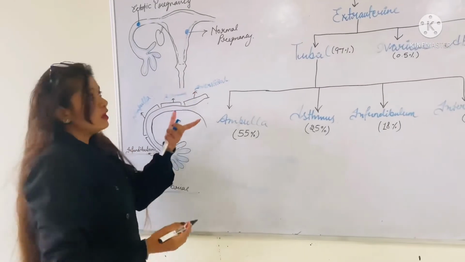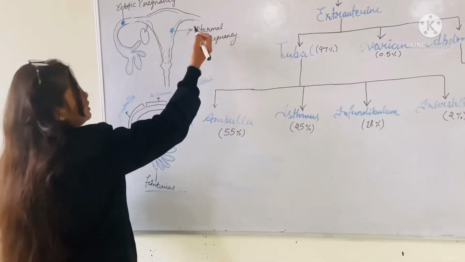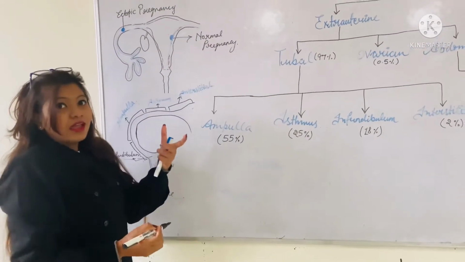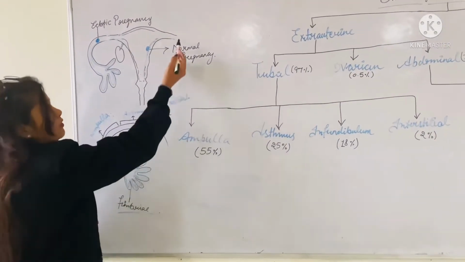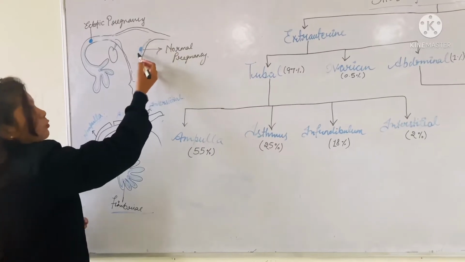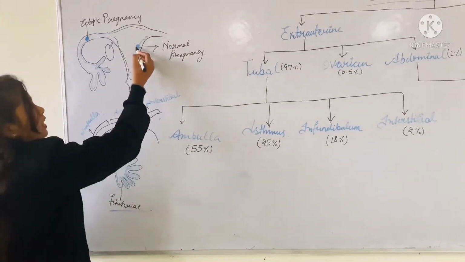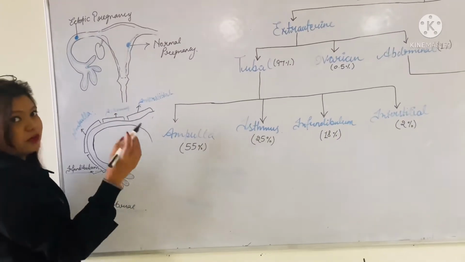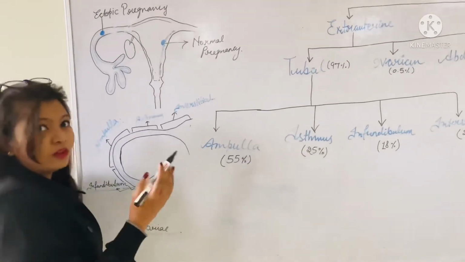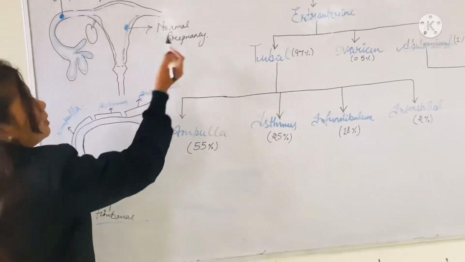The sperm will meet the ova and it will fertilize in the fallopian tube, and from the fallopian tube the ova will be transferred to the endometrial cavity. And the egg will be implanted here or here, anywhere in the endometrial cavity, it may be on the left side or maybe on the right side. So that is normal pregnancy.